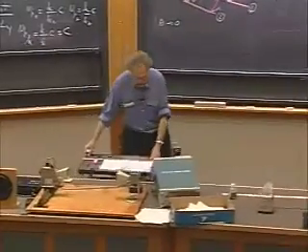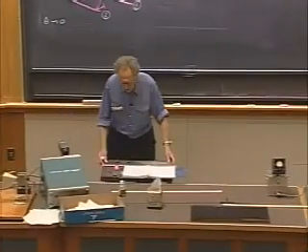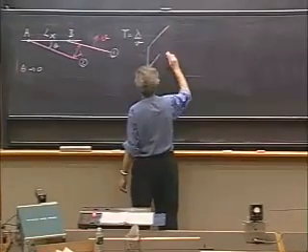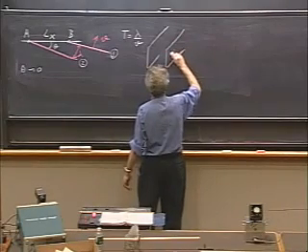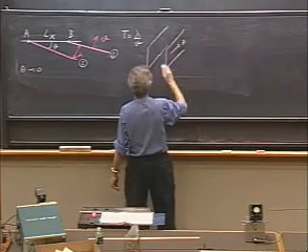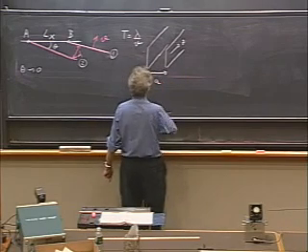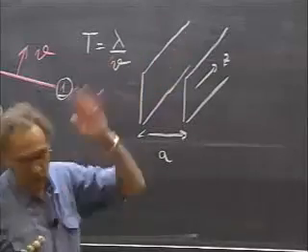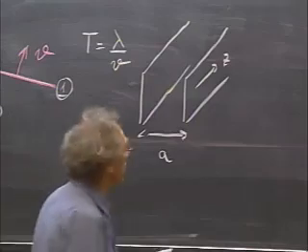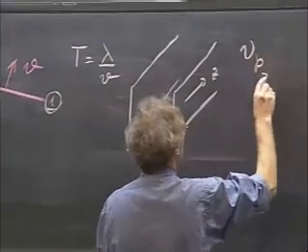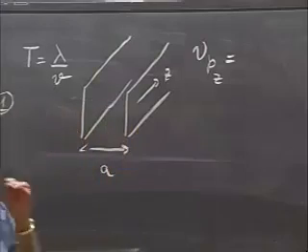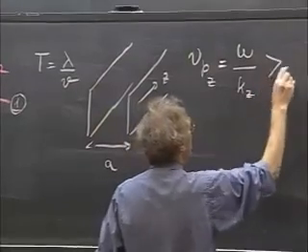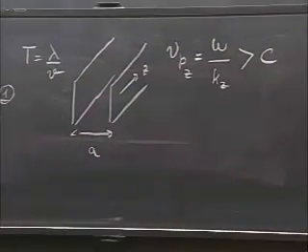And the reason why they couldn't sleep is that we had this wonderful demonstration whereby I had here an aluminum plate and I had another aluminum plate, and this was the z direction, and the separation between the plates was A, and we had electromagnetic radiation going in that direction, and we concluded, I will not go over the reasoning again, that the phase velocity in the z direction was omega divided by k of z, and that was larger than c. That's why you guys couldn't sleep.